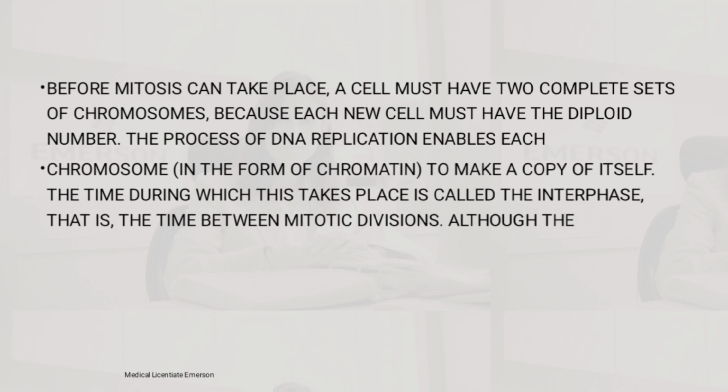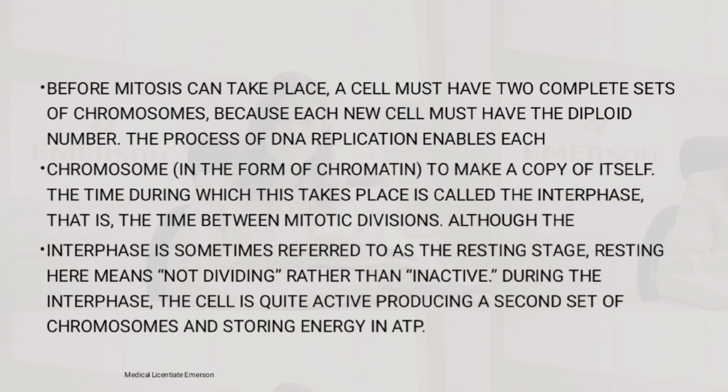The time during which this process takes place is called the interphase, the time between the mitotic divisions. Although interphase is sometimes referred to as the resting stage, resting here means not dividing rather than inactive.